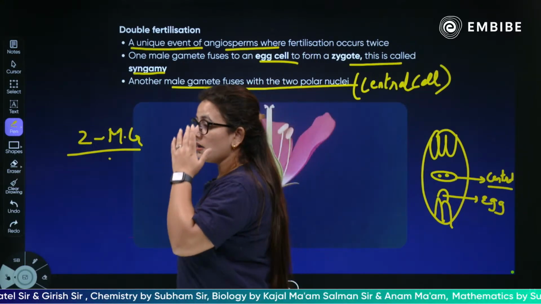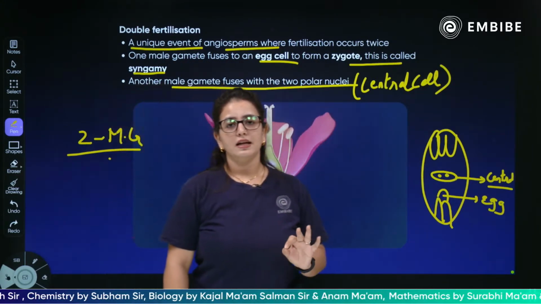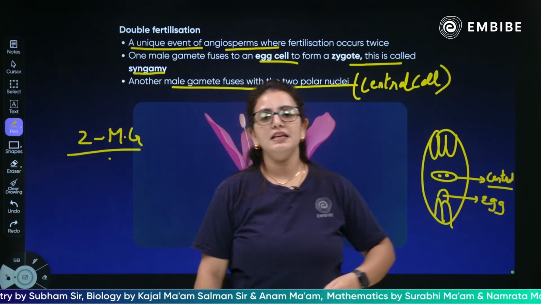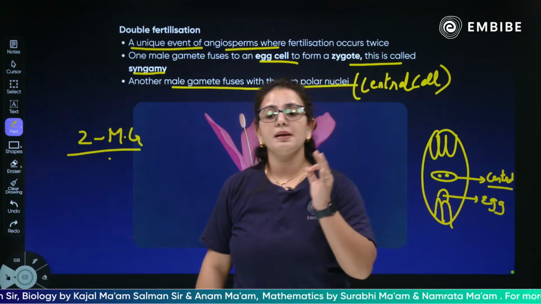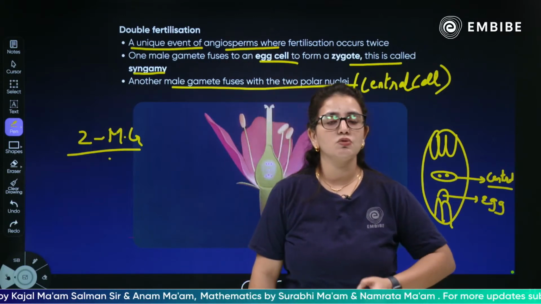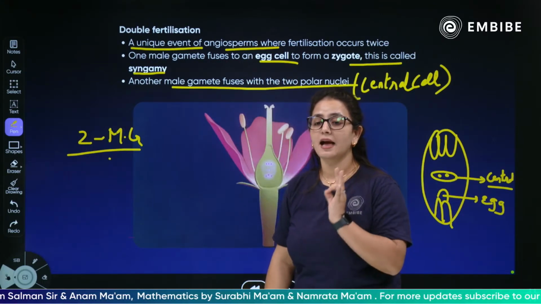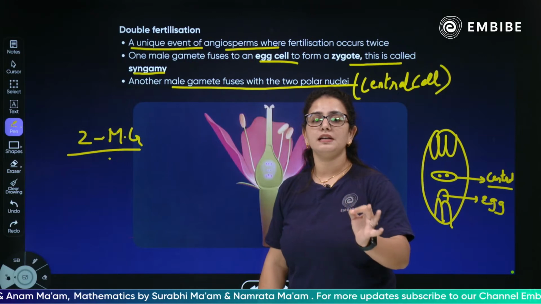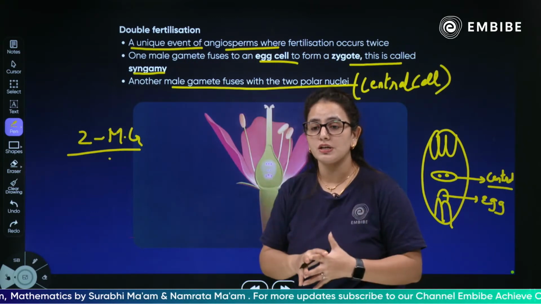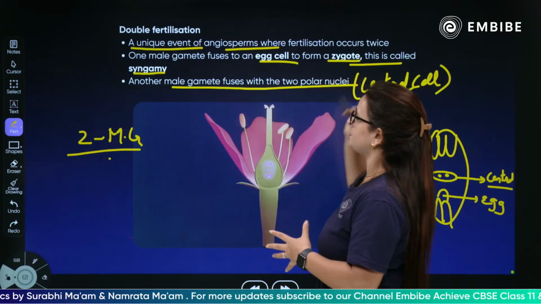When the fusion is occurring between the egg cell and the male gamete, that event is called syngamy, and after the fertilization, a zygote will form.